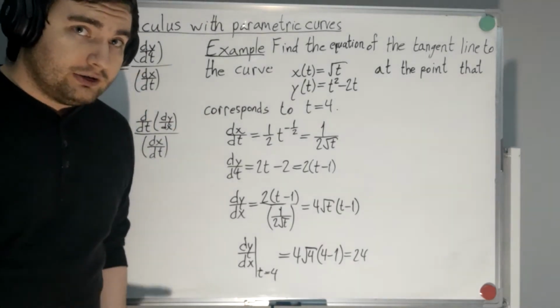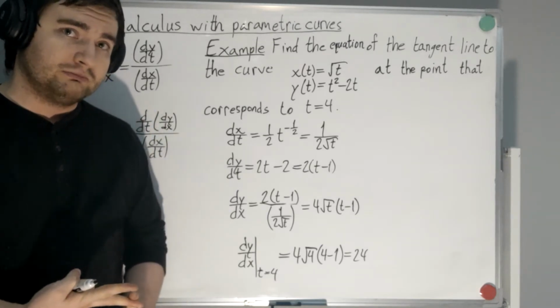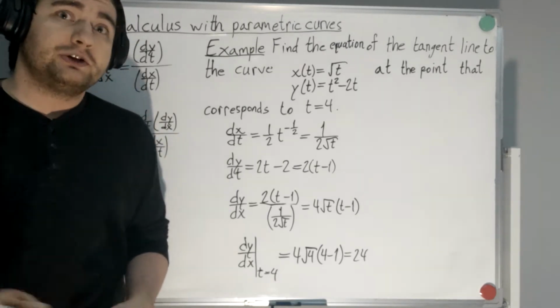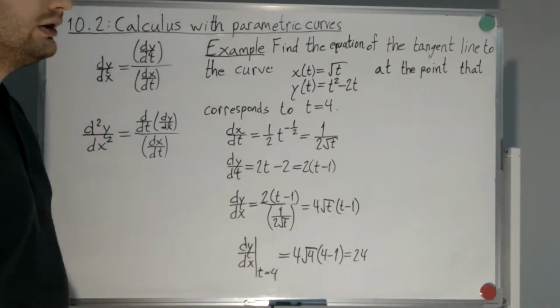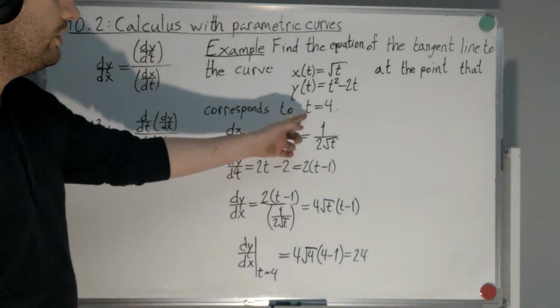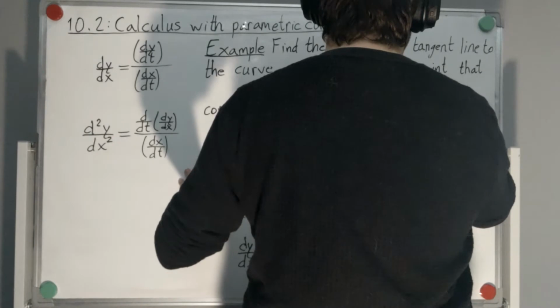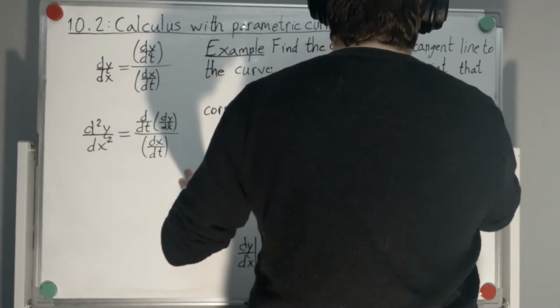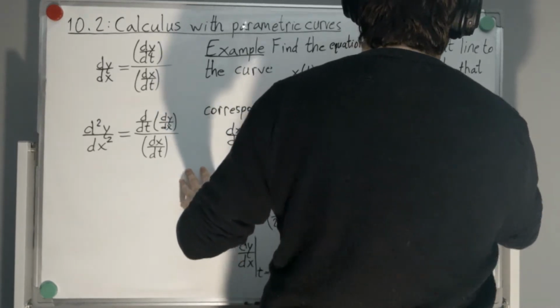In order to find the equation of the tangent line, you're going to need two things. You're going to need a slope and a point on the line. Or at least that would be sufficient information to find the equation of the tangent line. So we need a point on the line. Well, we're specifically looking at the point where t equals 4, so let's look at what point that would be in Cartesian coordinates. X of 4 is going to be the square root of 4, which is 2.